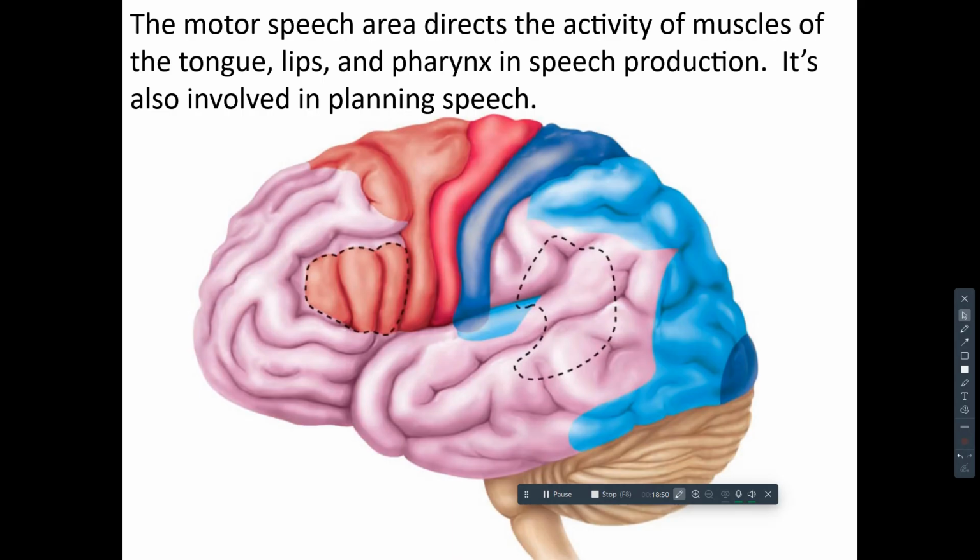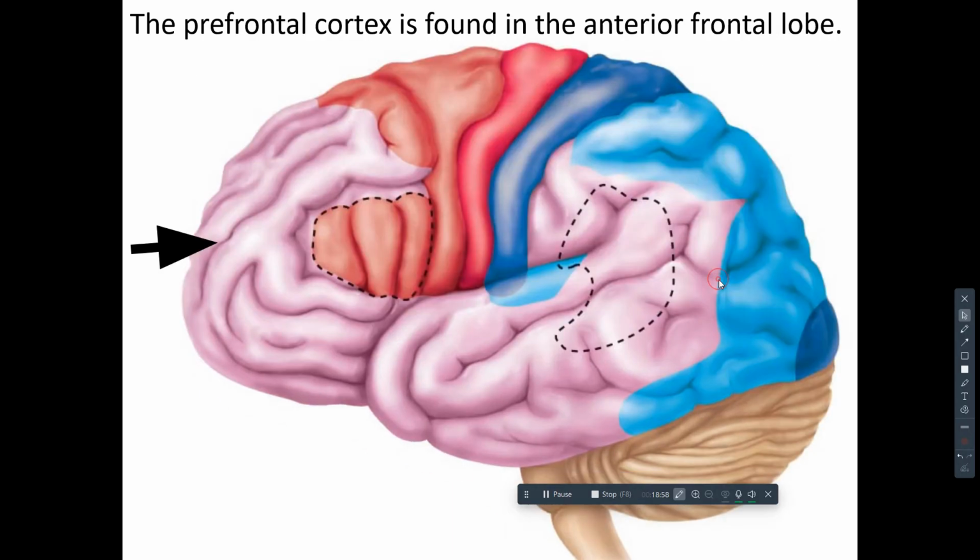Sometimes in left-handed people, the lateralization here is switched, but not always. Anyhow, let's go on to our final part of the frontal lobe. Again, bear in mind, we're not doing everything in the frontal lobe here. The final part is the prefrontal cortex, which is this anterior pink part of my frontal lobe.